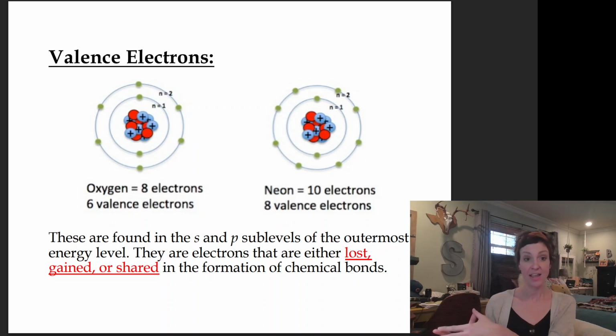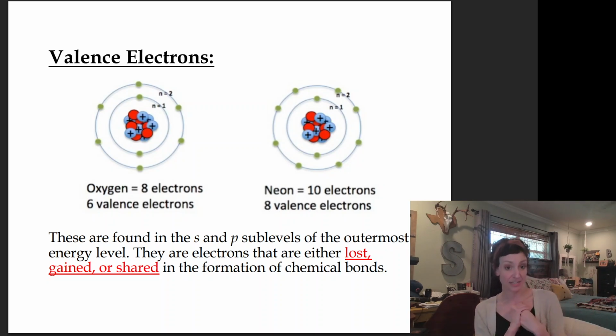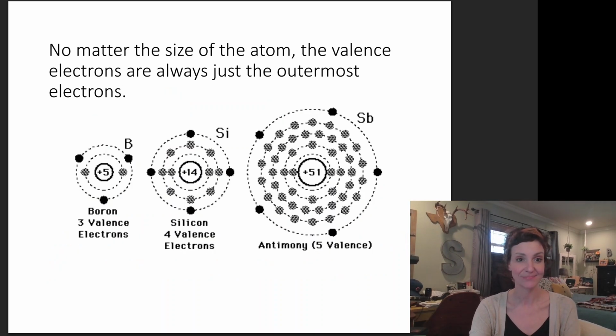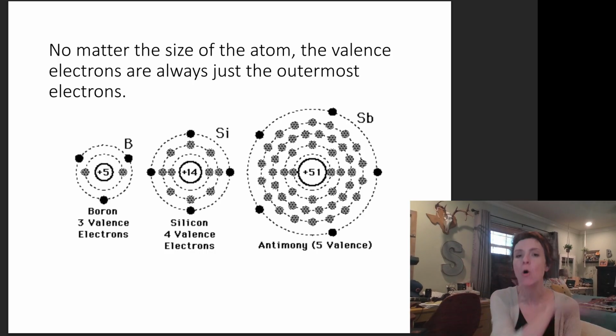Bond formation involves either losing electrons off of the atom, gaining electrons into your atom, or sharing electrons with another atom. That is what all bonding, all chemistry is at its heart. And no matter the size of the atom, the valence electrons are always just the ones on the outermost, just the ones in the s and p.